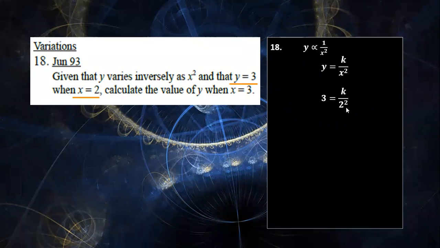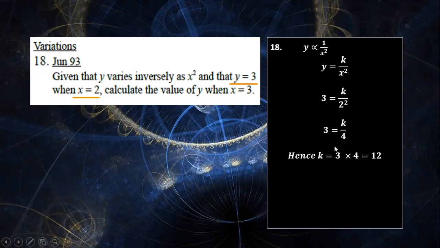So 3 is equal to k over 2 squared, and 3 is equal to k over 4. Hence k will be equal to 3 multiplied by 4, which is 12. Any questions there? So k is going to be equal to 12.